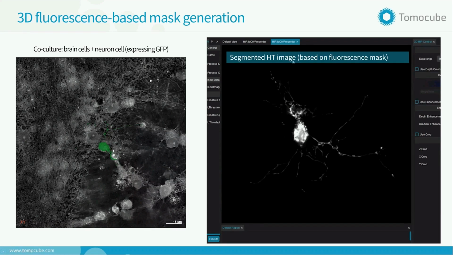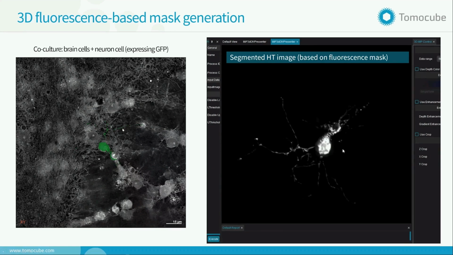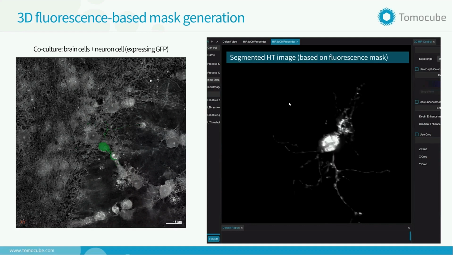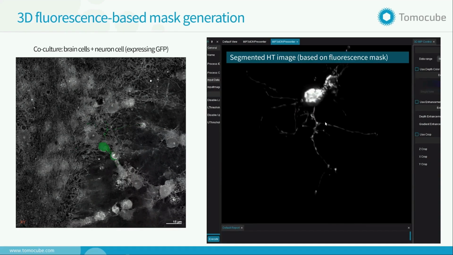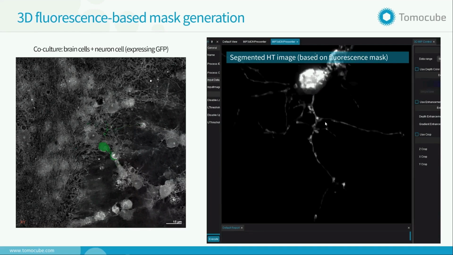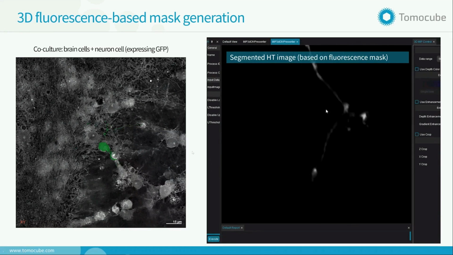And using this fluorescent signal as guidance, we have masked out the HT data of the individual cell out of this whole 3D data set. So this is one other example of how you can combine this correlated imaging, and we can also perform the quantitative analysis based on HT, guided by the fluorescent segmentation.